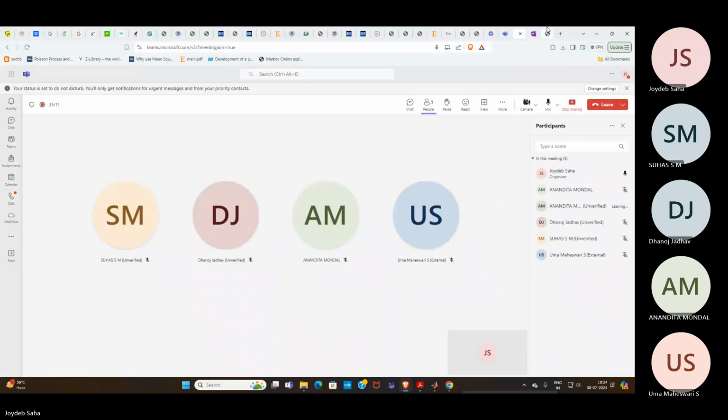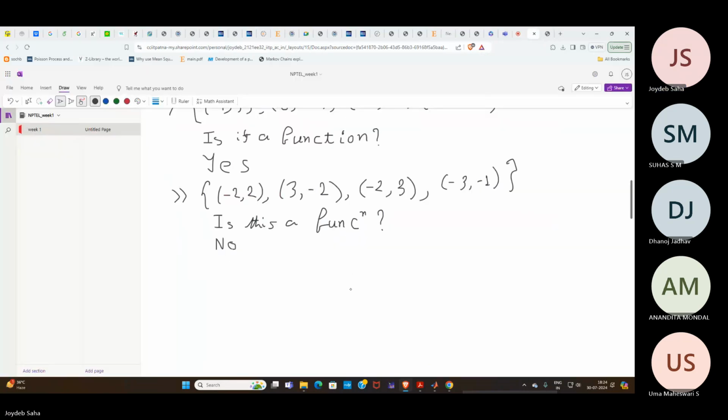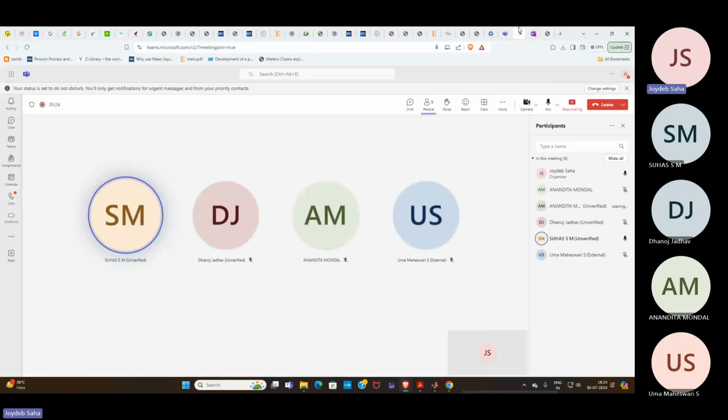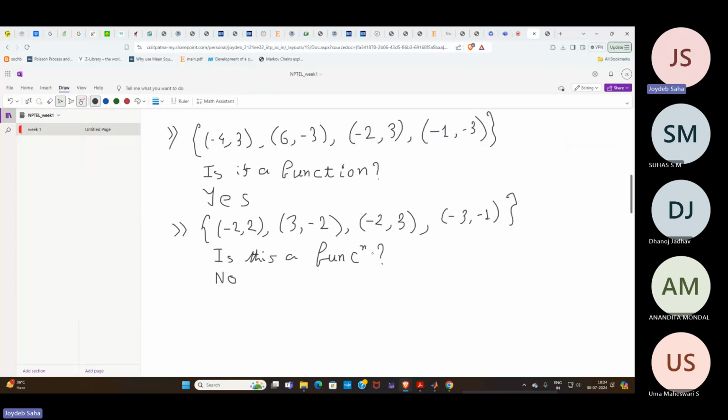Please think. -2 is related to 2 and -2 is related to 3. Yes, -2 is related to both 2 and 3. Very good.